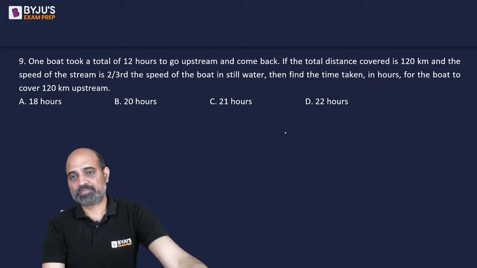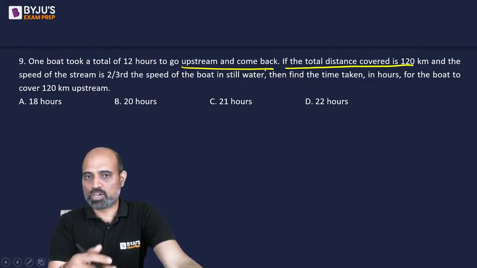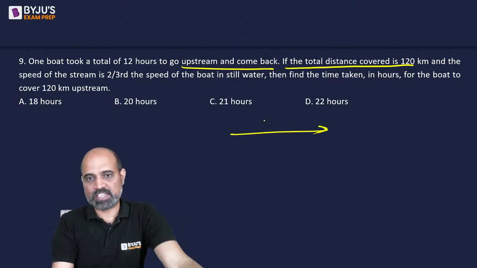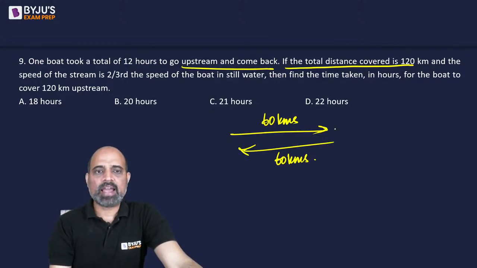ओके ठीक है. See, total distance covered is 120 kilometers and the boat has to go upstream and come back. So that means 60 kilometers गया और 60 kilometers वापस आया. Distance is same. And speed of the stream is 2/3 the speed of the boat.